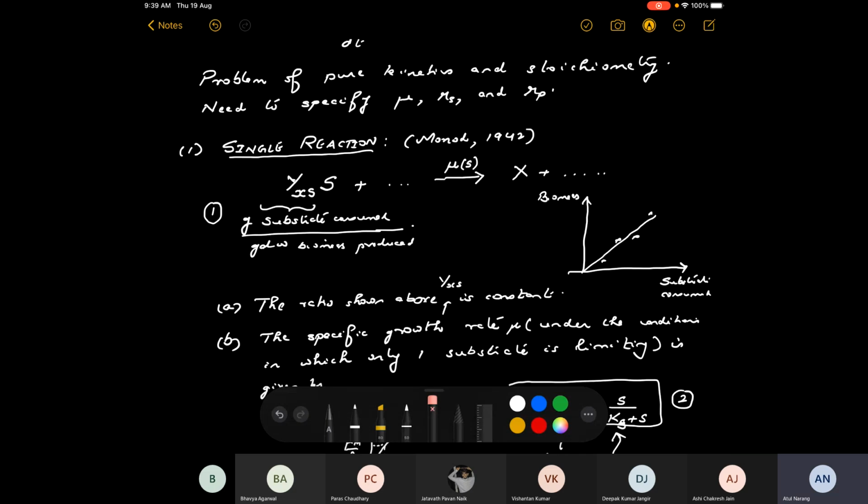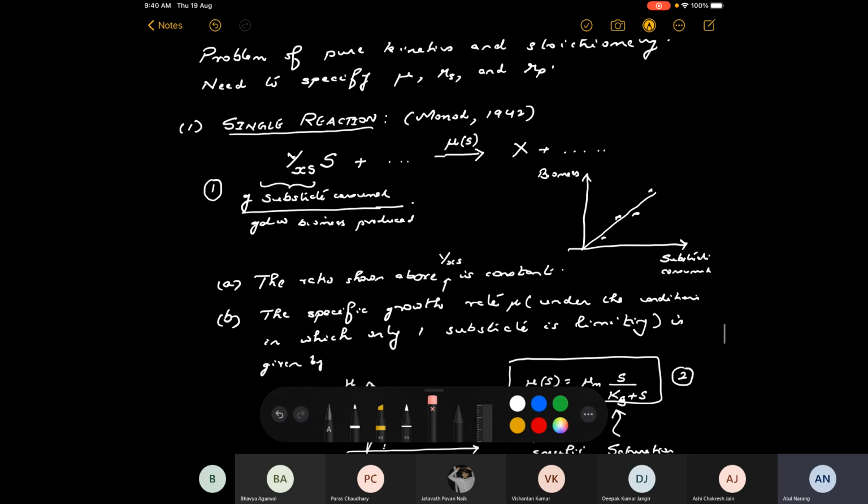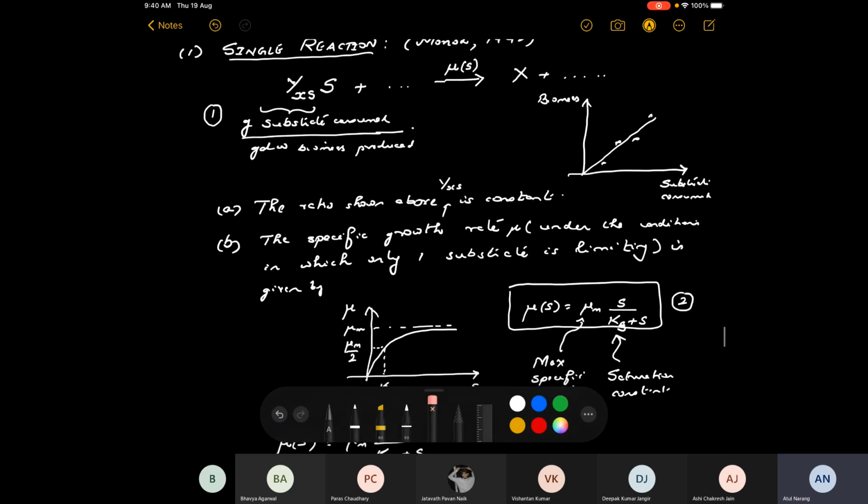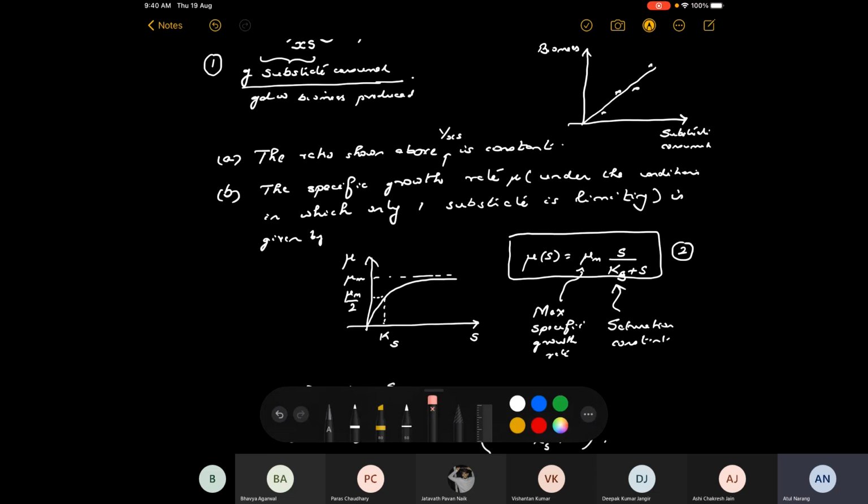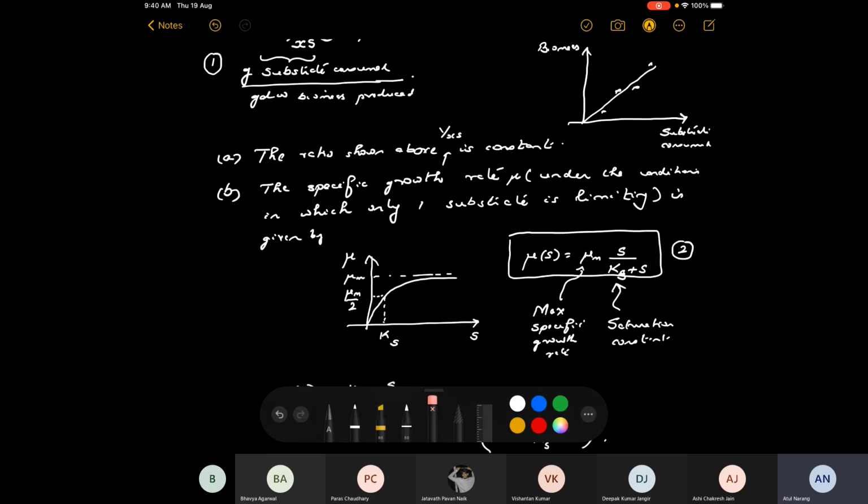And the rate at which this reaction takes place is, according to Monod, only a function of S. It does not depend on the amount of biomass you have. It depends only on the concentration of S. This has been modified later on, and we'll look at some of that later on, but these were the assumptions he made. And with these two assumptions, you basically get the picture over here.